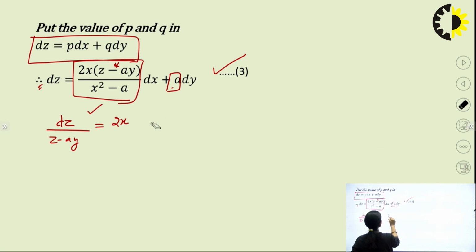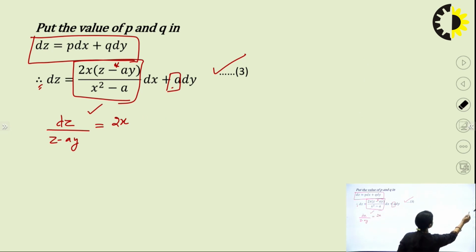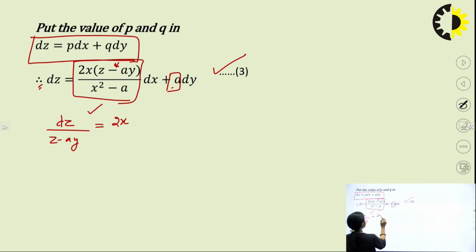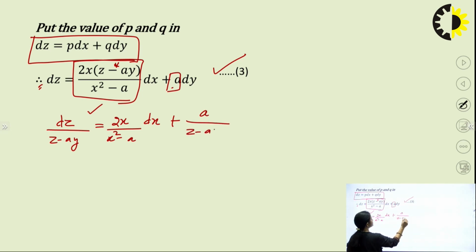I have divided the equation by z minus ay. Now we will obtain 2x upon x square minus a dx plus a upon z minus ay dy.